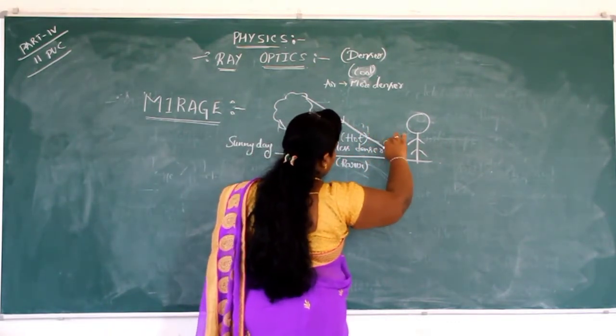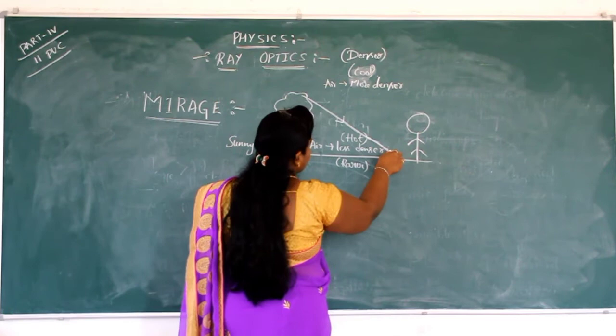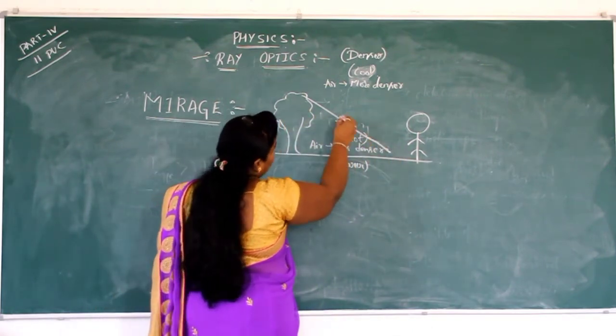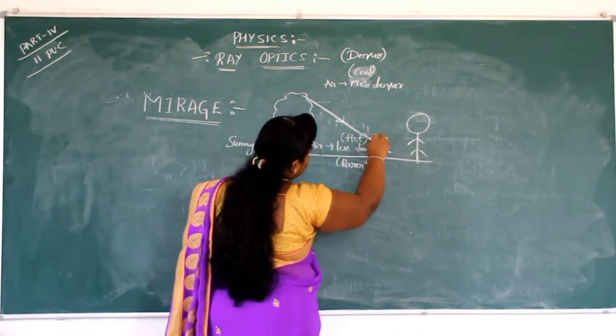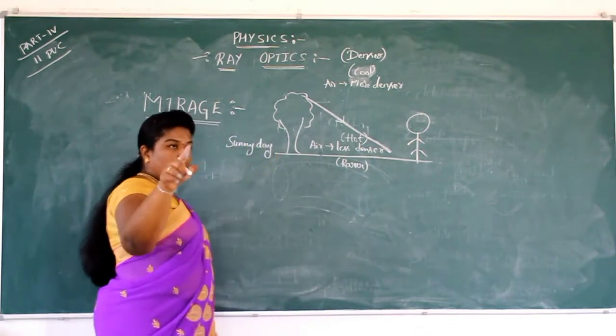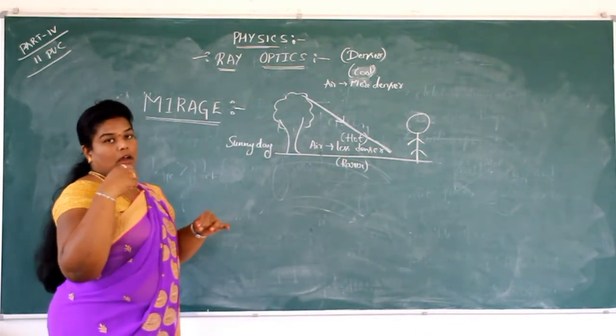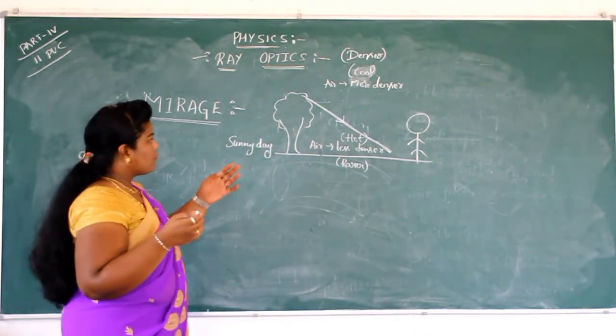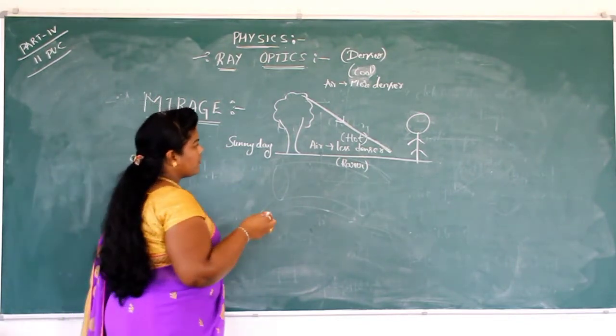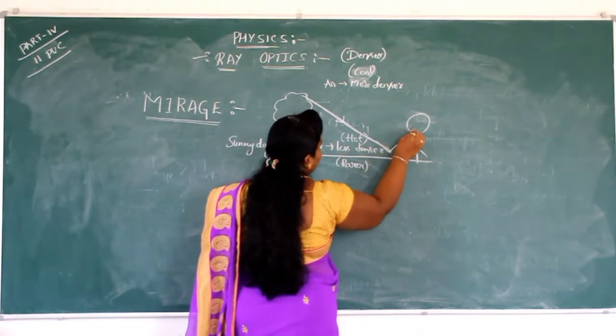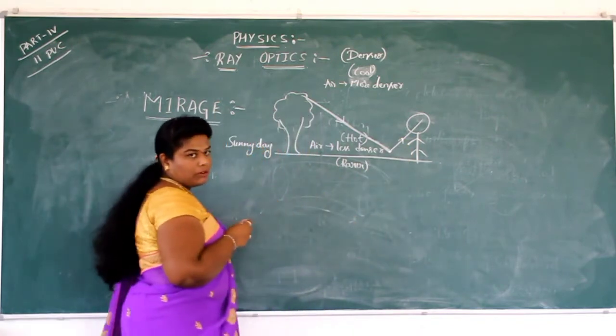For him, the rays of light from the tree come from the denser medium to the rarer medium. You know from the laws of refraction that when a ray of light travels from a denser medium to a rarer medium, it bends away from the normal.